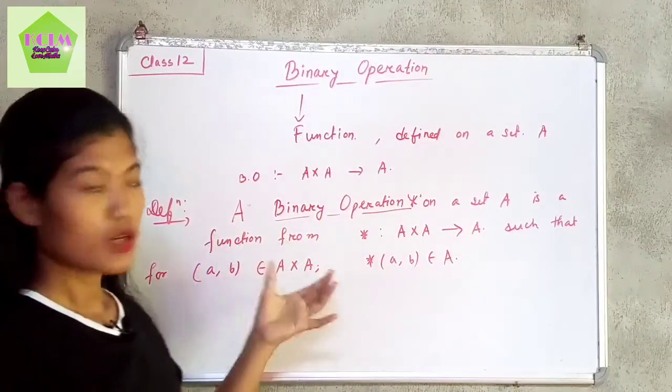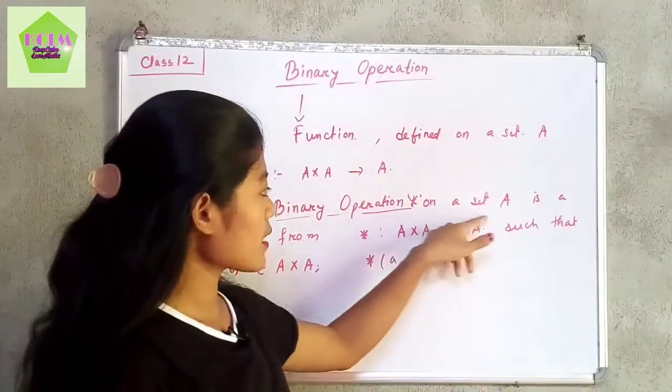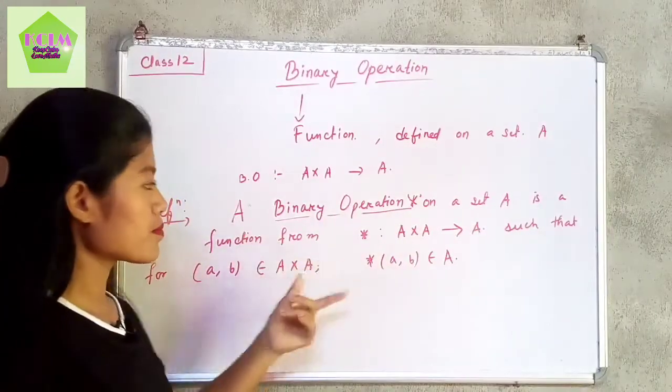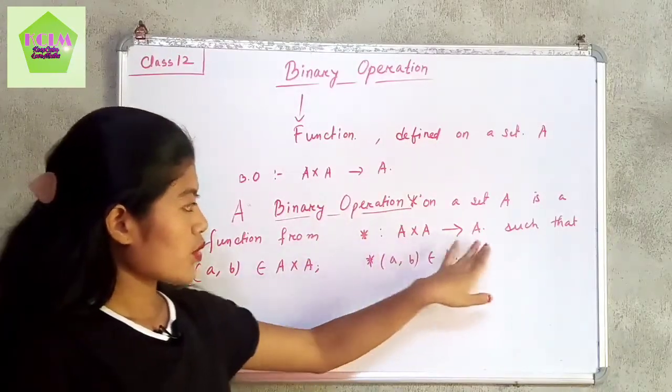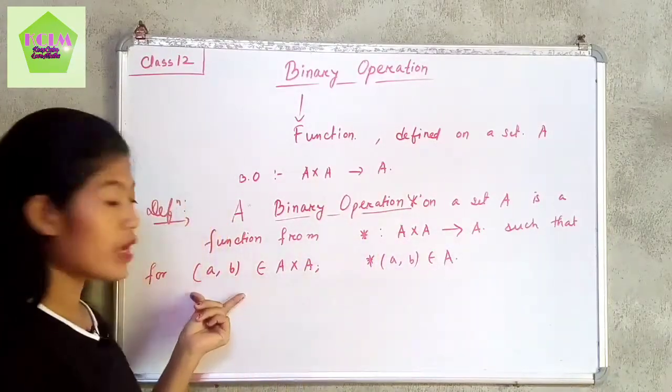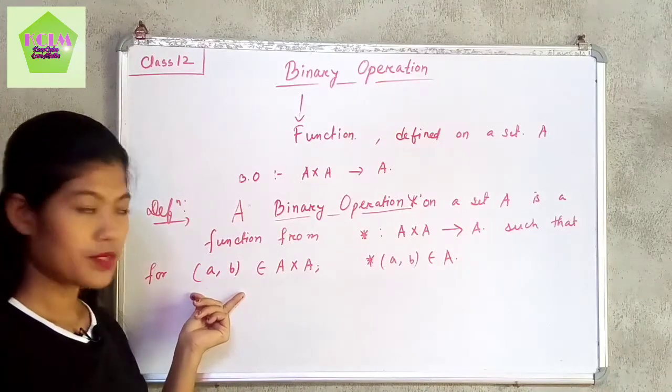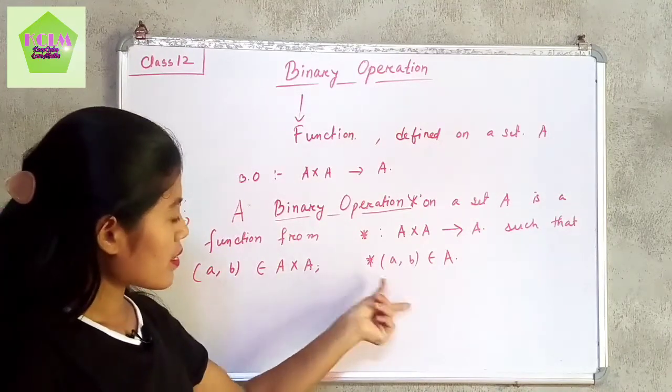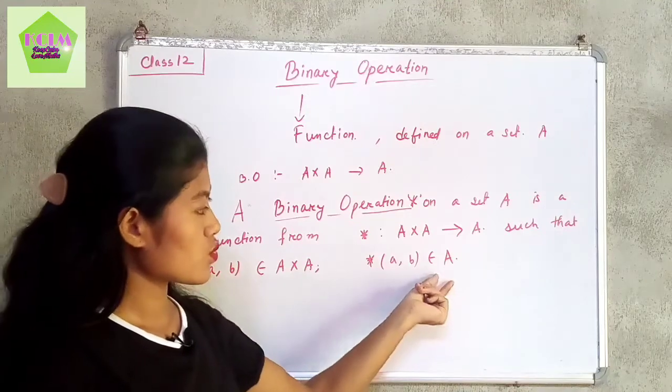So a binary operation star on a set A is a function from A cross A to A, such that for any ordered pair in the Cartesian product, star of these two elements belongs to the single set.